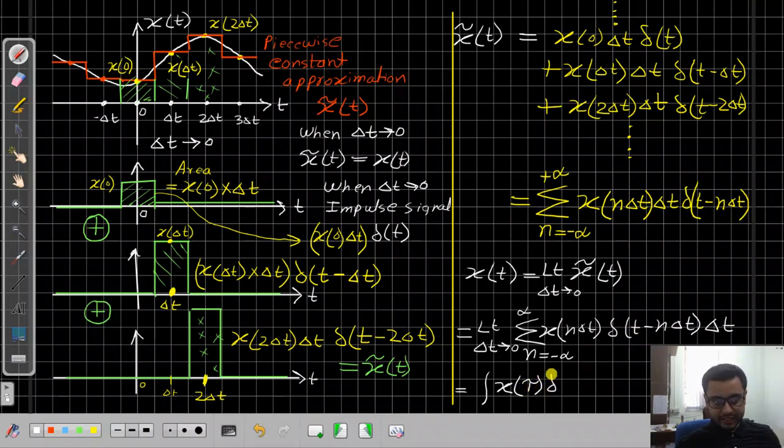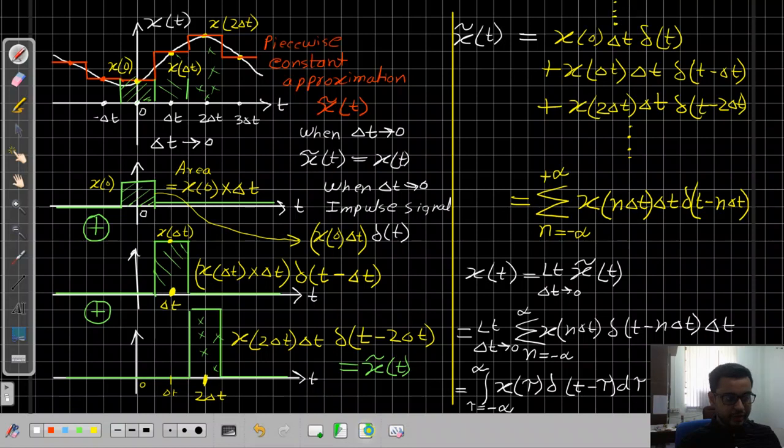Then delta t, once again in place of n delta t, I shall write a dummy variable tau, and this will become d tau. So this summation is the same as this integration over tau, with tau running from minus infinity to plus infinity. So this result is very important.